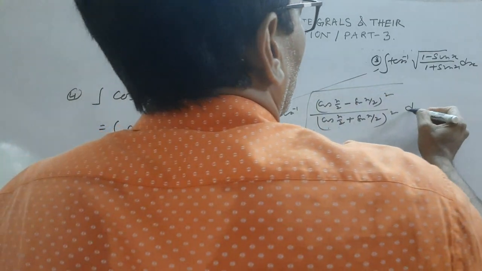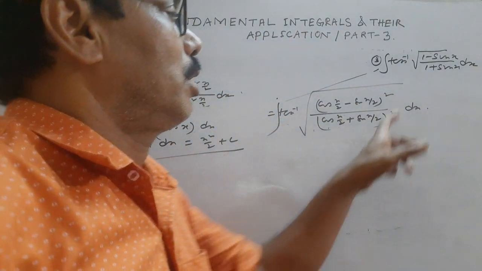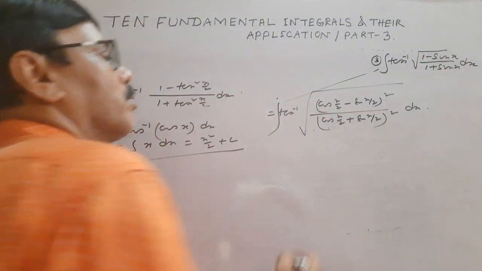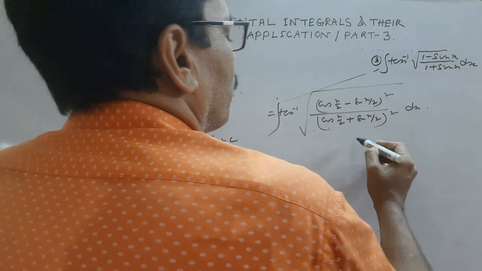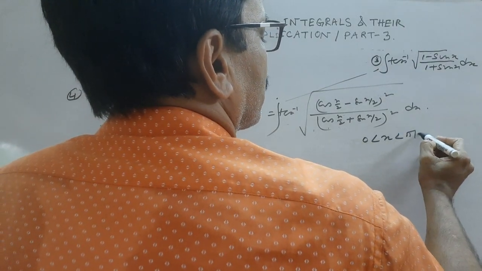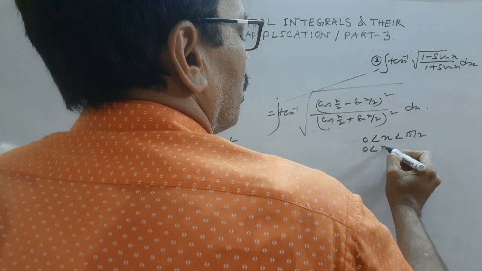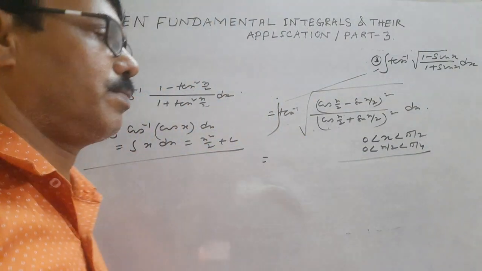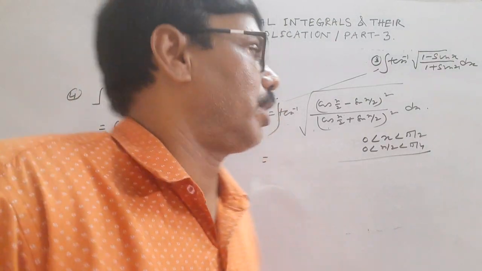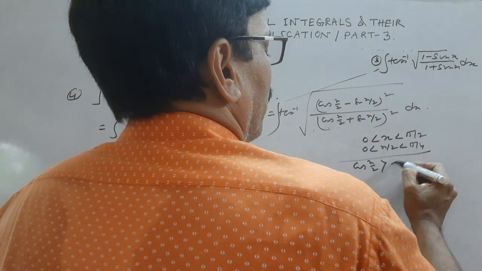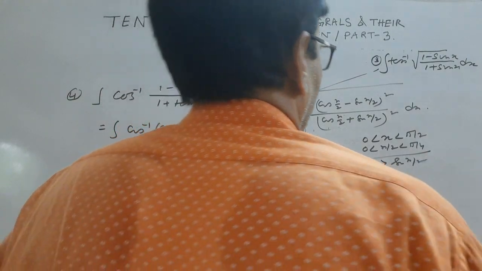So for 1, cos square x by 2 plus sin square x by 2. Now if no quadrant is given, we suppose 0 less than x less than pi by 2. So this should be noted. So x by 2 lies between 0 to pi by 4. So cos x by 2 is greater than sin x by 2.